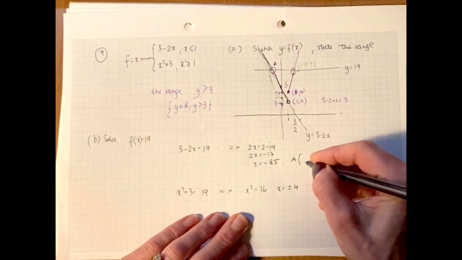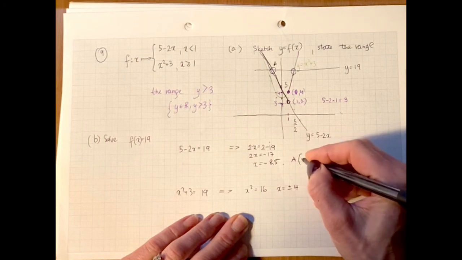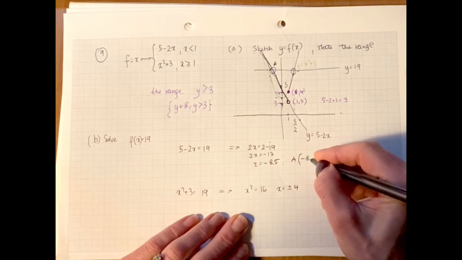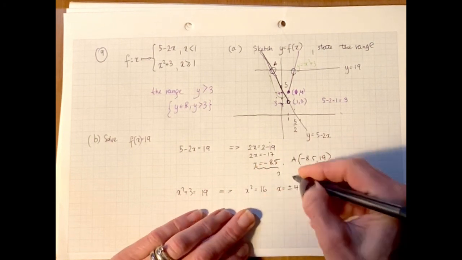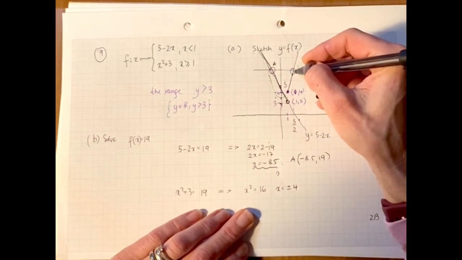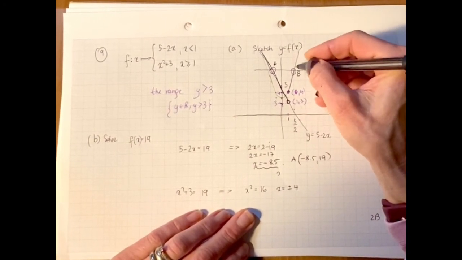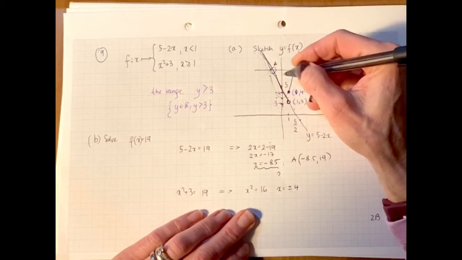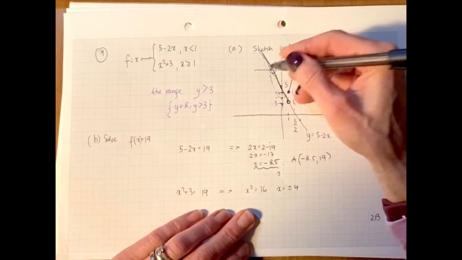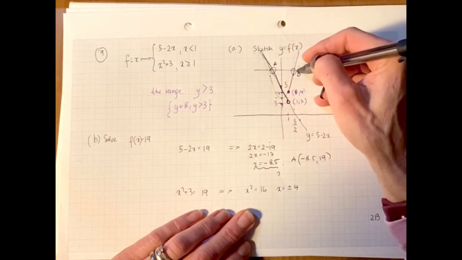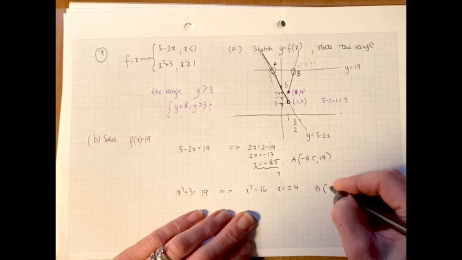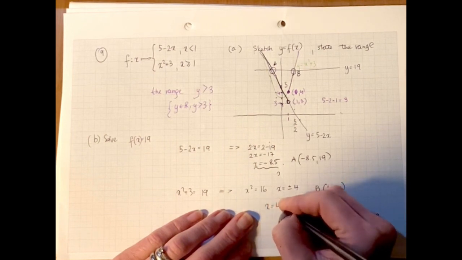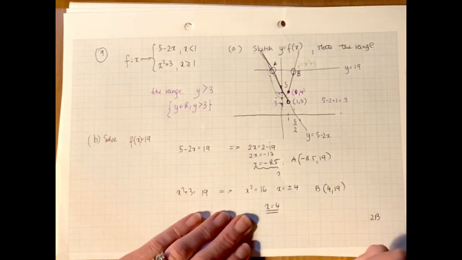So this goes with point minus 8.5, 19, but the solution is x equals minus 8.5. Now the second solution that you'll find, you'll get it by finding the intersections with the parabola. There's two of them, one at x equals minus 4, one with x equals plus 4. So if you look at the diagram, point B is going to be the positive solution, so it's going to be 4 and 19. So x is equal to 4 is the required solution.